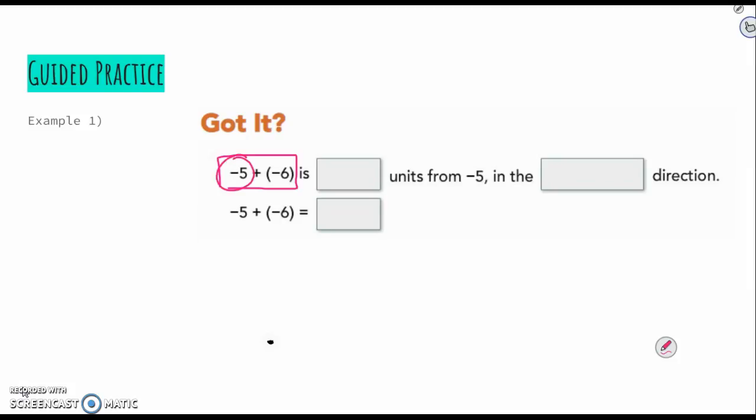Negative 5 is our first number, so that's where we began. Then we're adding negative 6. So negative 5 plus negative 6 is 6 units from negative 5, and since this 6 is a negative number, it is in the negative direction on the number line.